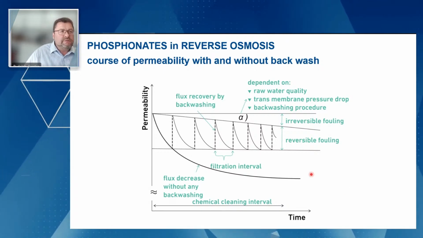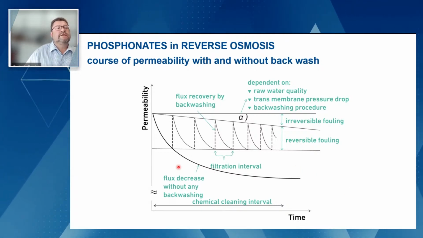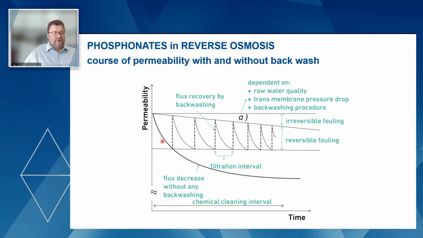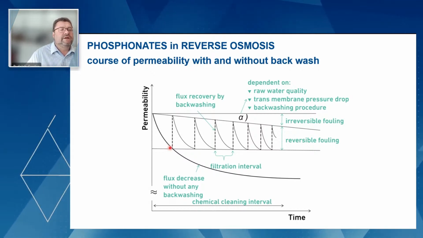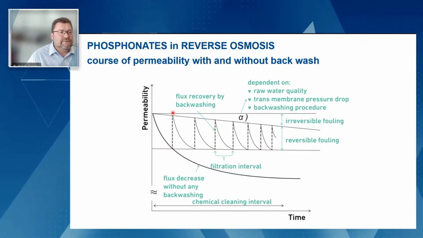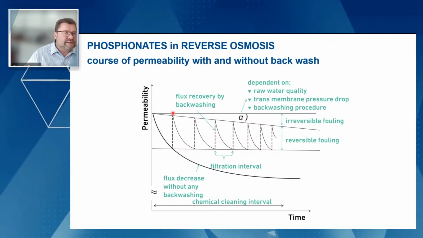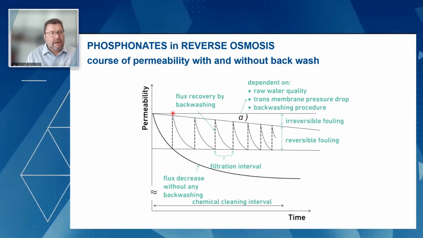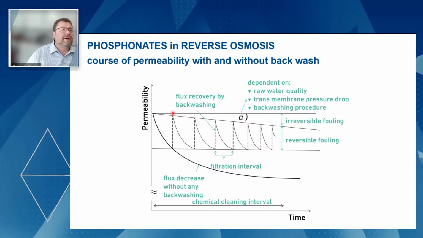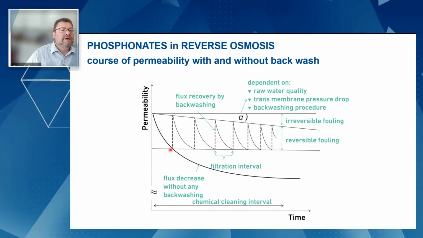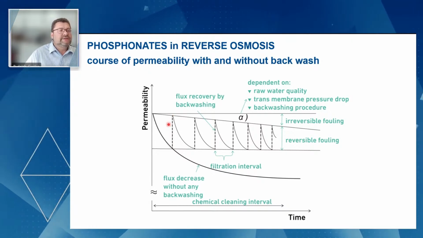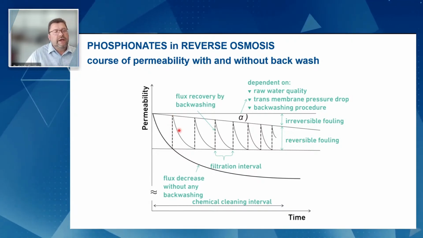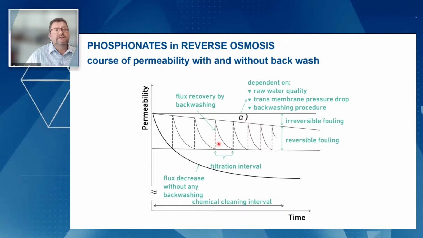The main important point for reverse osmosis is to keep this permeate level again to the standard, and this is done by regular backwashing intervals. By these backwashing intervals, the filtration is recovered and the permeability is increased.